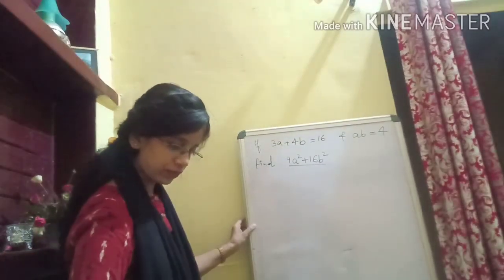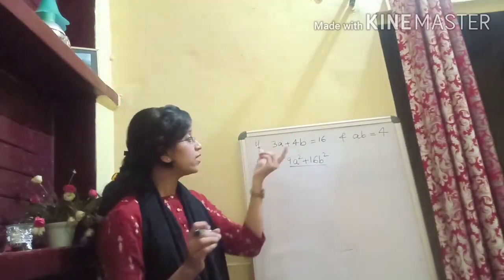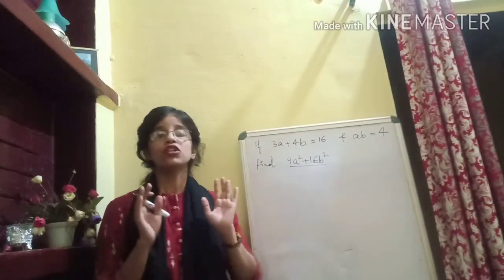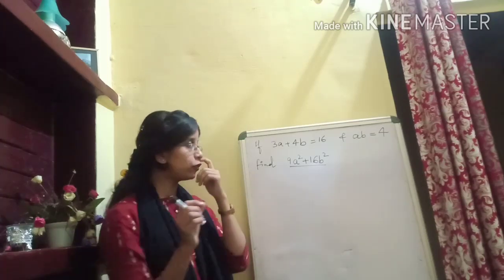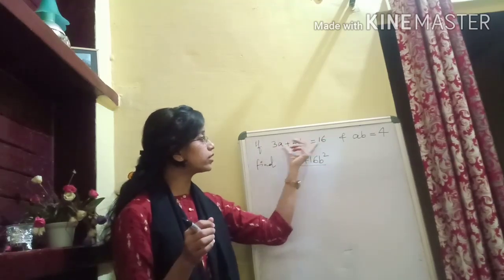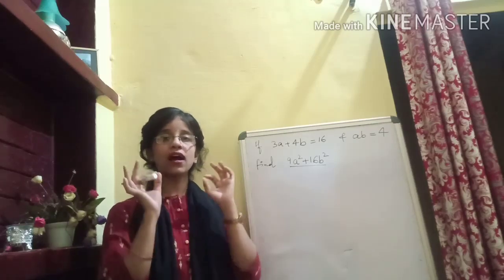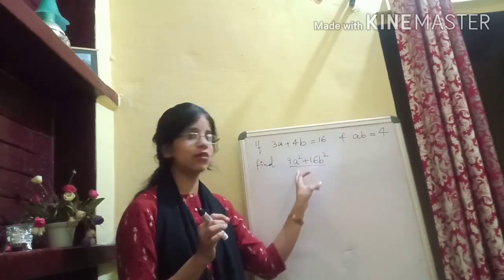Okay, so here we have this. We are given this information and we have to simplify this, so of course we have to use an identity. You need to be very careful. Two things are given, and we have to calculate this. So we choose an identity wisely so that we get all three terms.